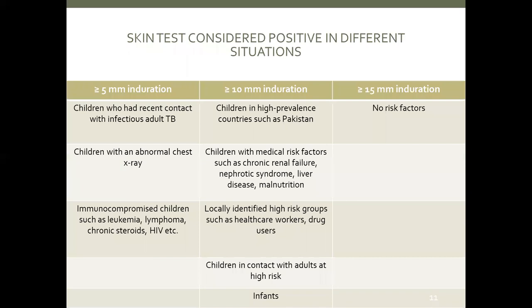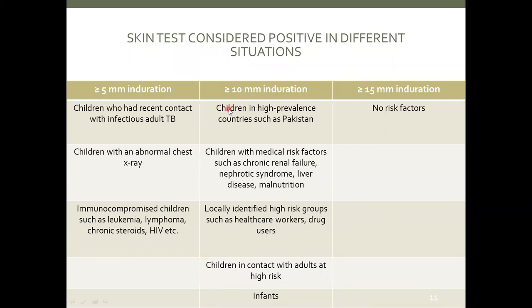If we talk about interpretation of the skin test, if the measurement of this induration is more than 5 mm, this is significant in those children who have recent contact with an infectious adult patient. If the patient has an abnormal chest X-ray, or has leukemia or lymphoma, then even more than 5 mm is considered significant.